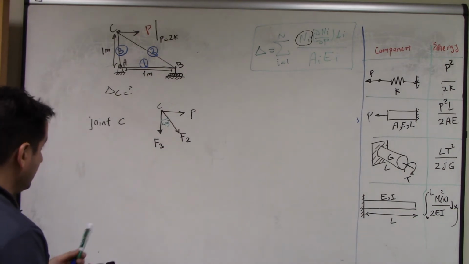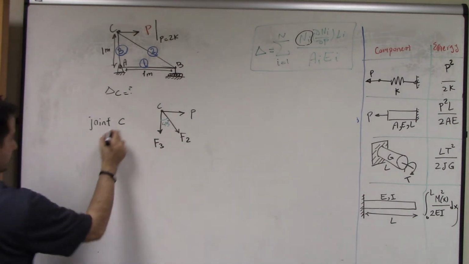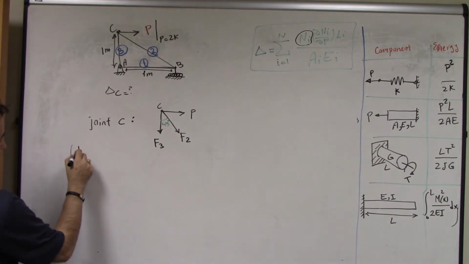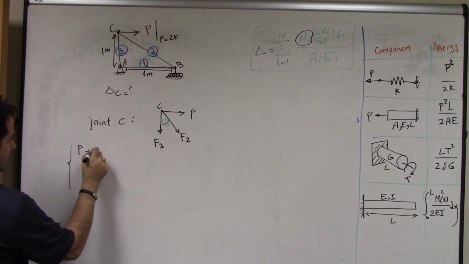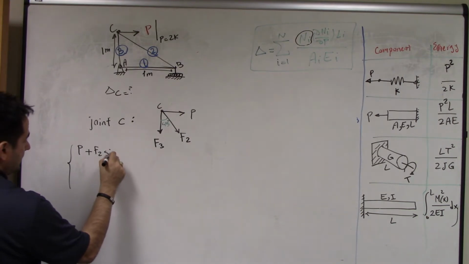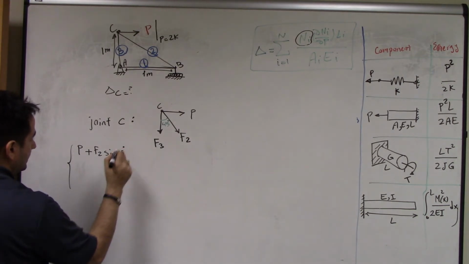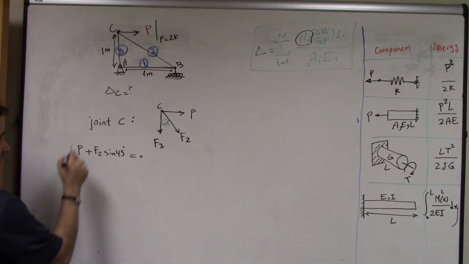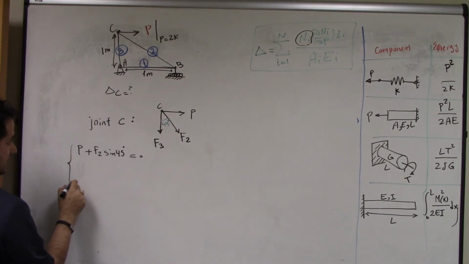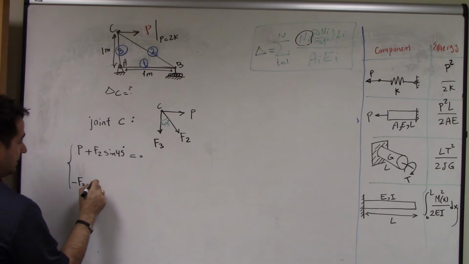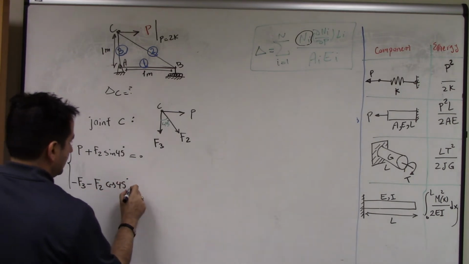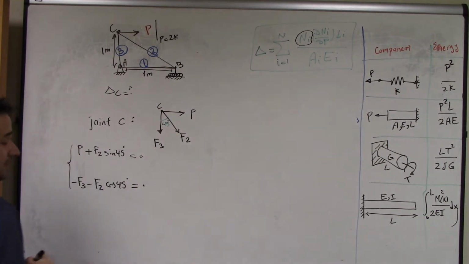If you write the joint equation for joint C, summation of force in x equals 0, so P plus F2 sine 45 degrees is equal to 0. Summation of force in y equals 0, then negative F3 minus F2 cosine 45 is equal to 0.